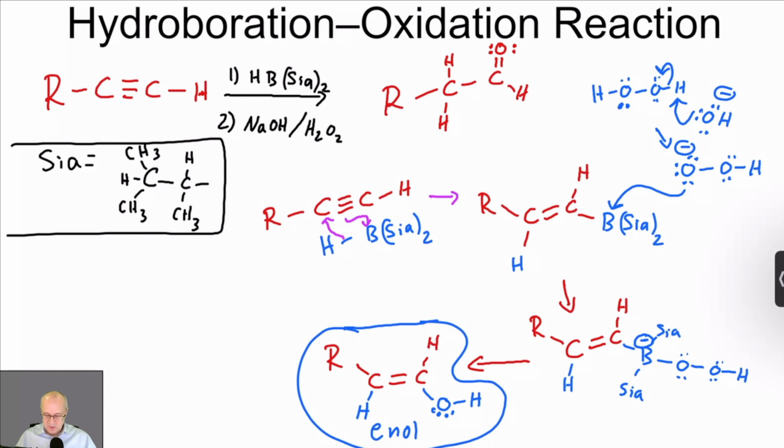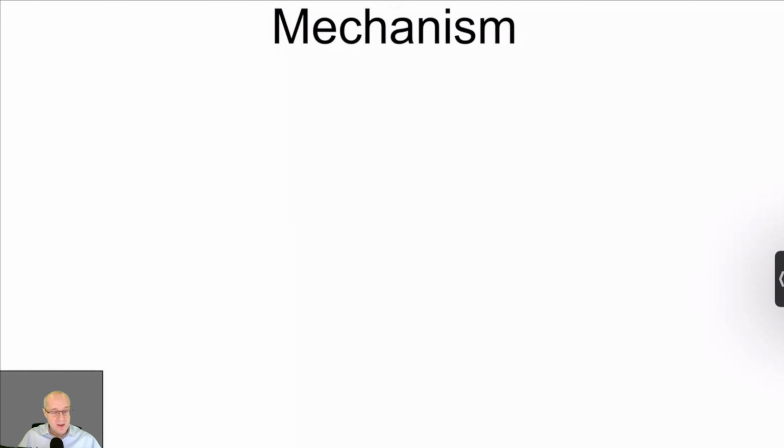So let's see how that looks. Now we have the enol tautomer, right? And don't forget, we're in base. We're in basic peroxide, so there's base here. Oops, let me make that red. So don't forget, there's OH minus hydroxide floating around in here.